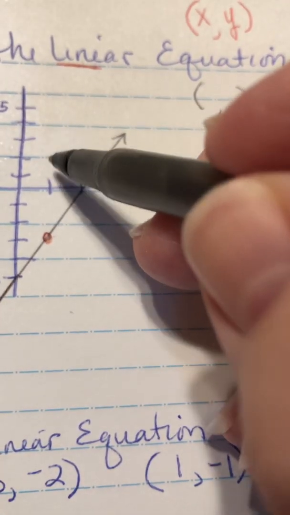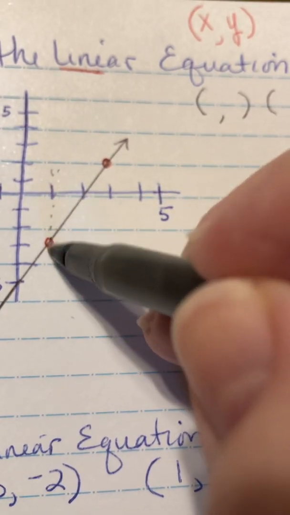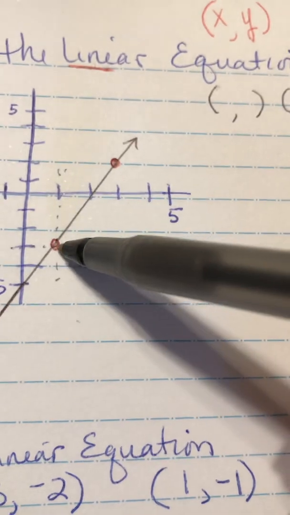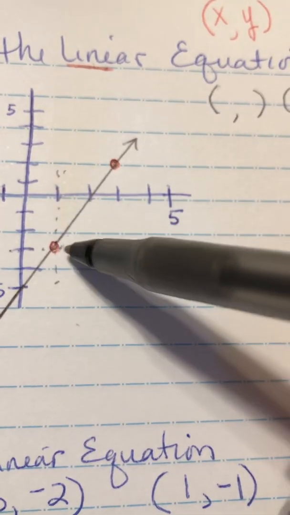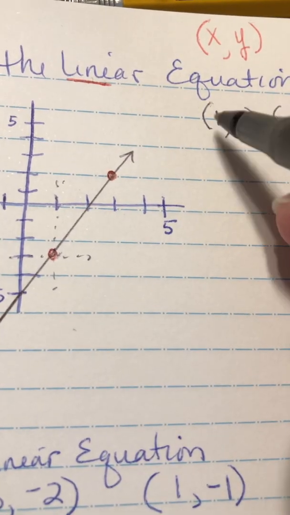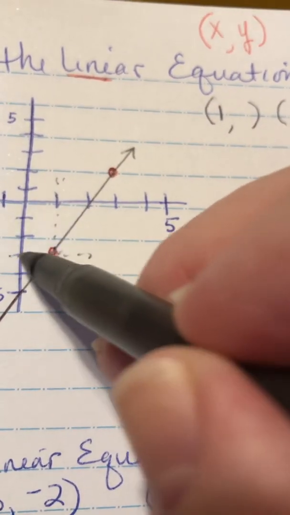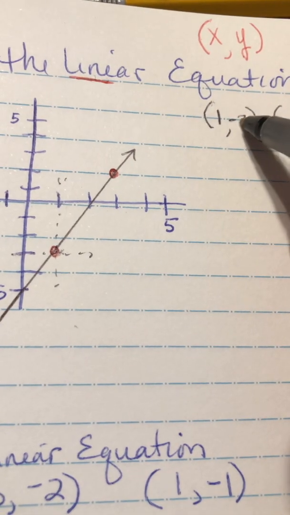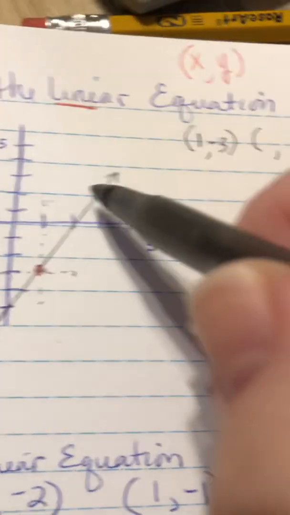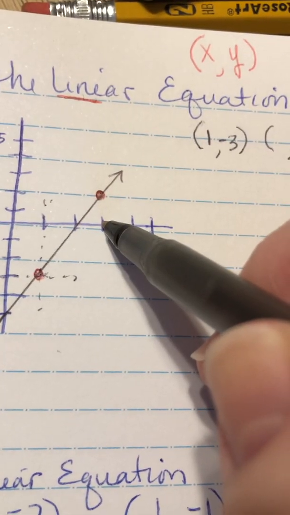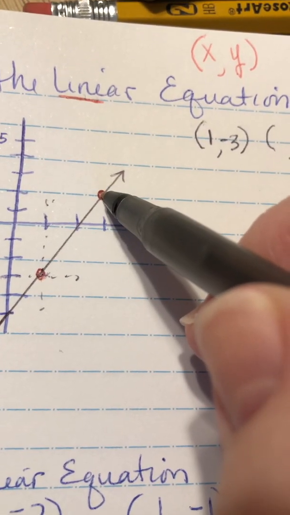It's like you can kind of say, well, how does the y and the x affect this dot? Well, this is lined up with the 1 on the x, so 1 on the x, and then it's at the negative 3 on the y.